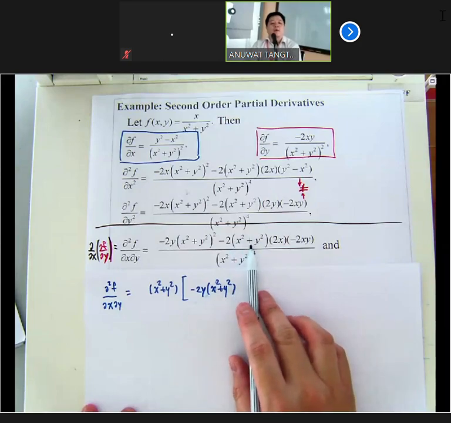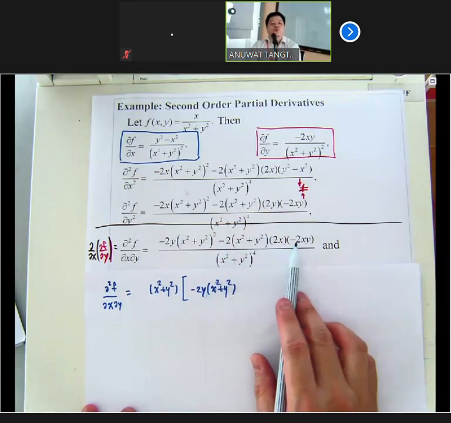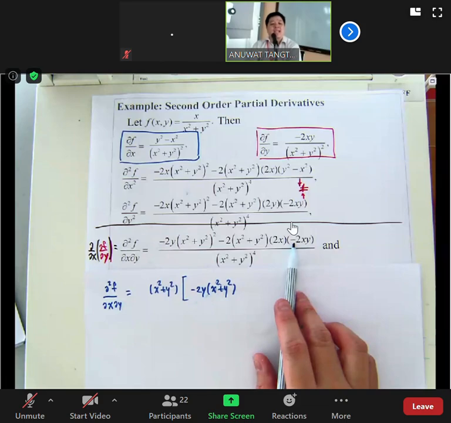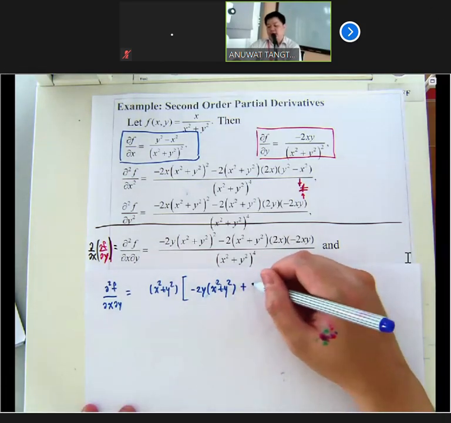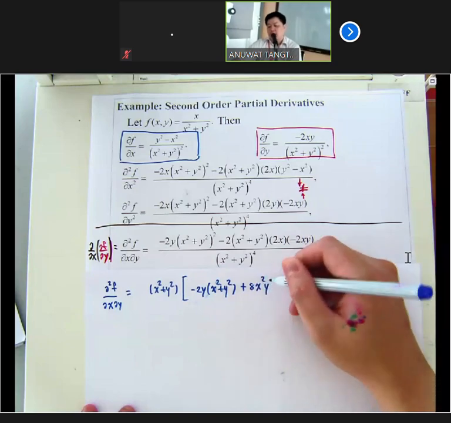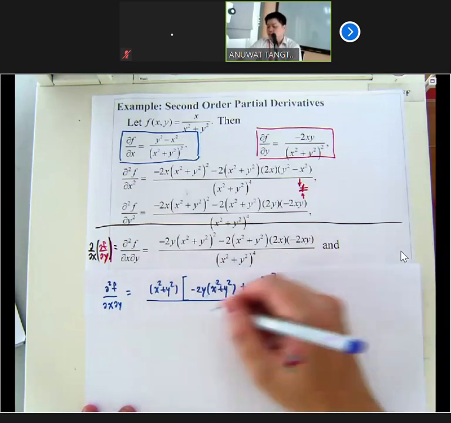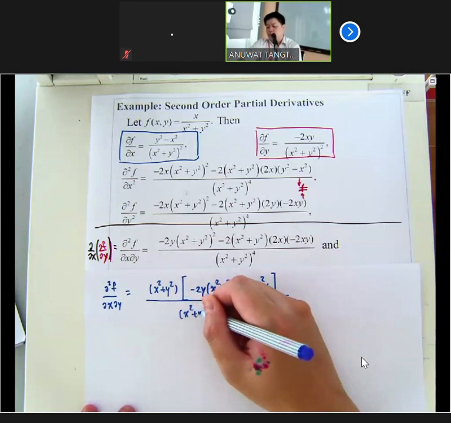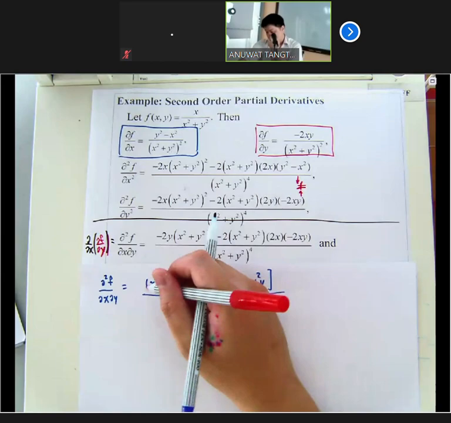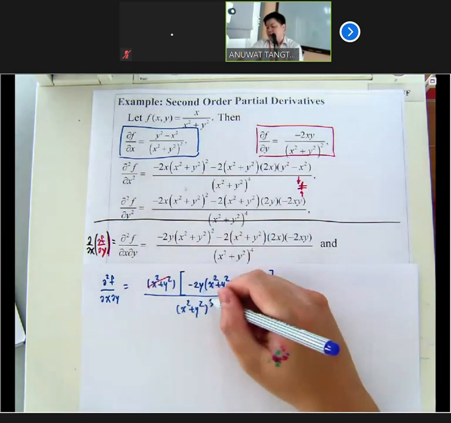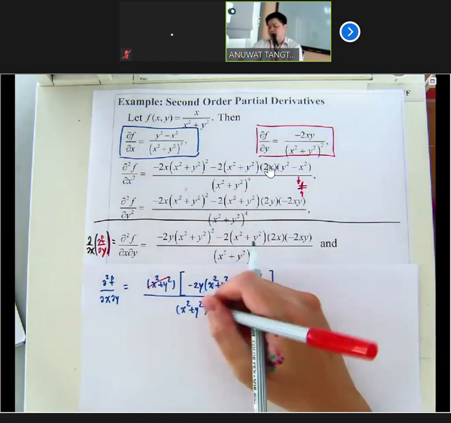So we have minus 2 times minus 2 becomes plus 8, and this x becomes x squared. So plus 8x squared y. One term of this can be cancelled. No, I'm sorry, I mean 4. And so this comes out to be 3.